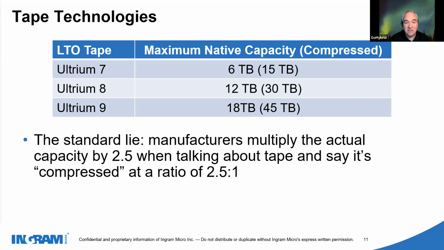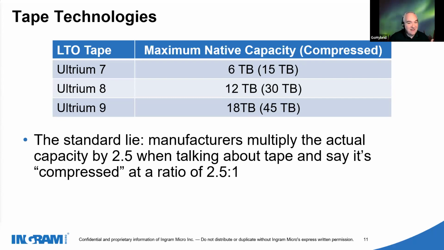Well, compression varies quite a bit depending on the type of data you're trying to compress, the size of the files you have, things like that. So there is no guarantee that you're going to get a 2.5 compression rate, if your backup software even allows you to compress the data.